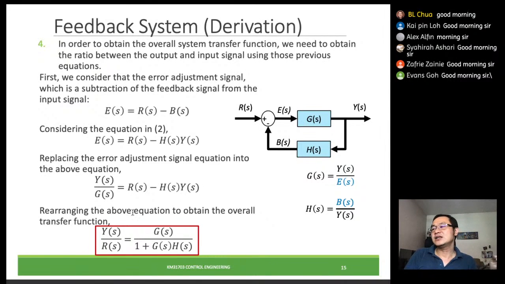So mathematically you can get this form. We can see that this happens when the feedback signal is being subtracted.